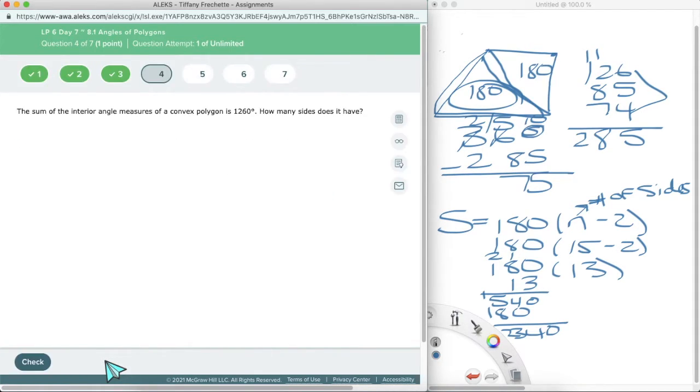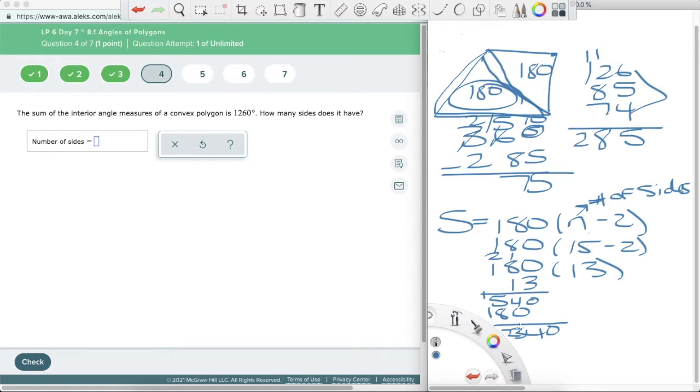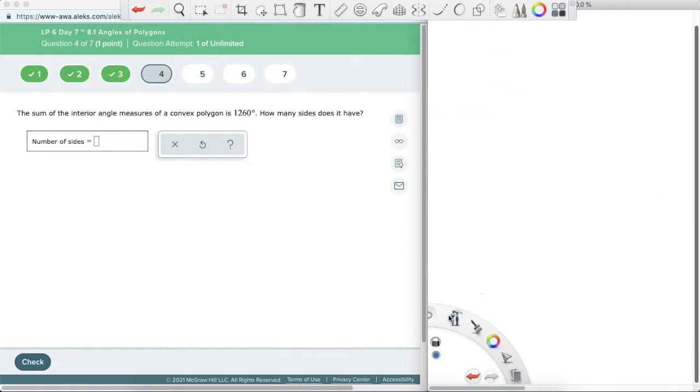I'm going to erase this stuff because it's getting a little too crowded here. I do need to keep this guy, so I'll move it up here because we need to keep this in mind. The sum of the interior angle measures of a convex polygon is 1,260. How many sides does it have?